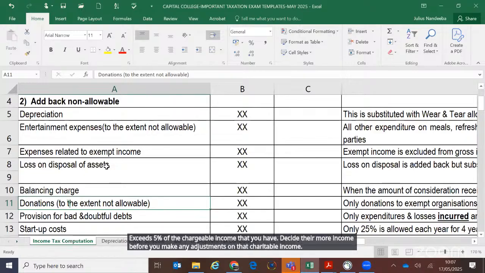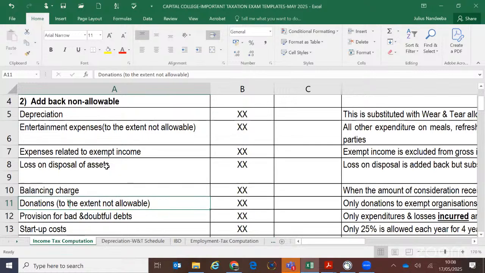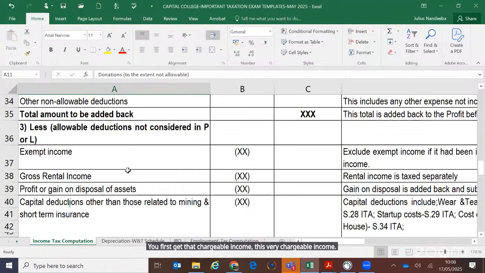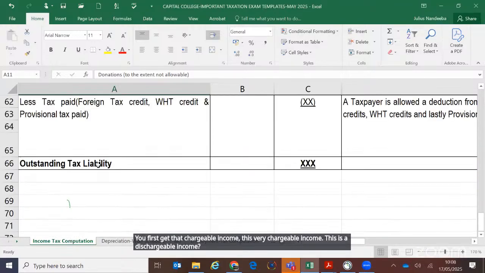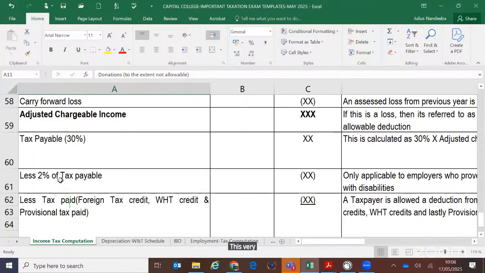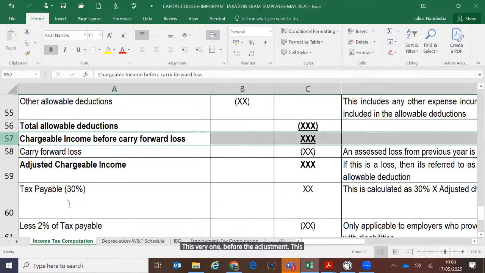So if that donation is over and above 5% of that chargeable income, you're going to disallow the excess. So how do you know that it is in excess? You first get that chargeable income, this very chargeable income before the adjustment.